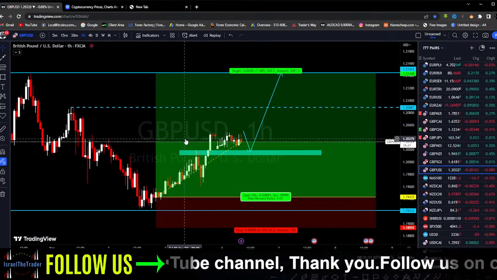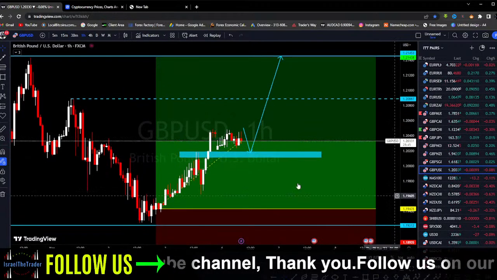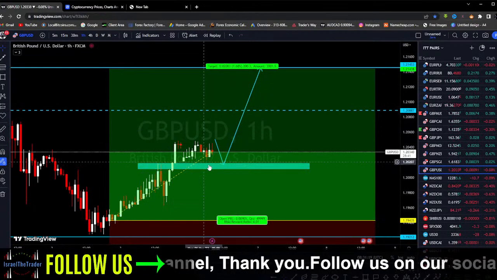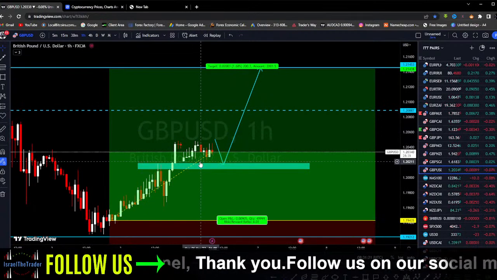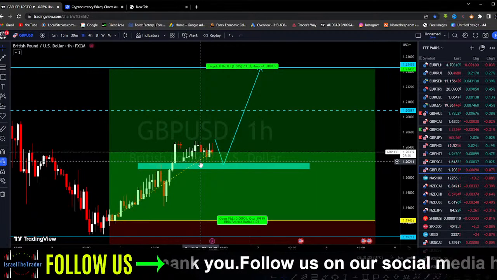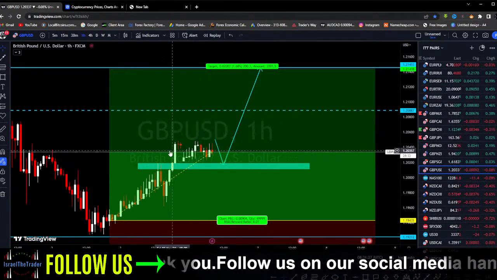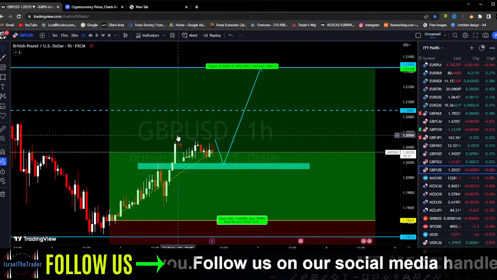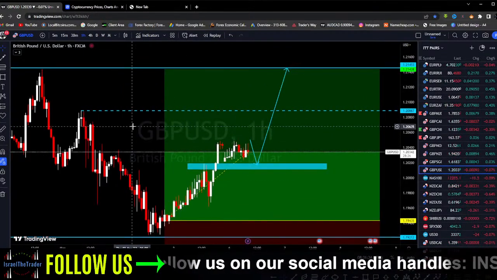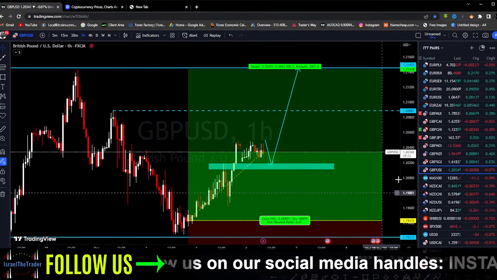This is what I'm expecting on GBP/USD. So let's wait and see for the market to come back down to this level around price 1.20211. That's where I'm expecting GBP/USD to reach before it goes back up. Let's just observe it and see what is going to happen, guys.